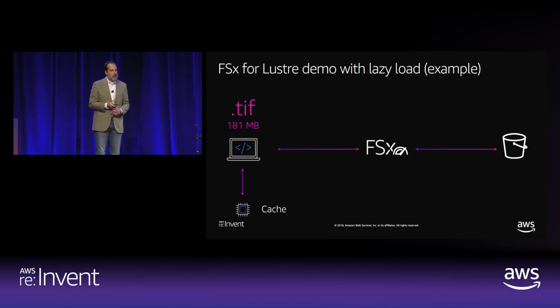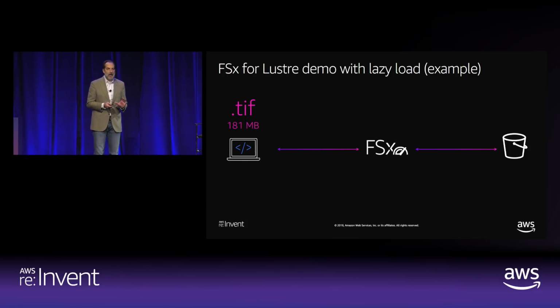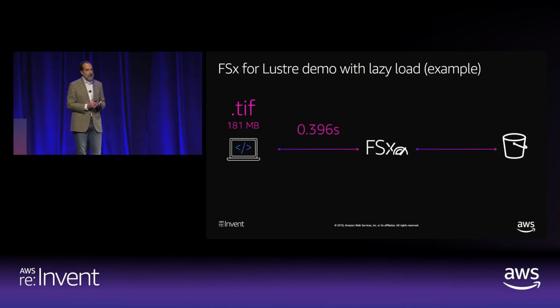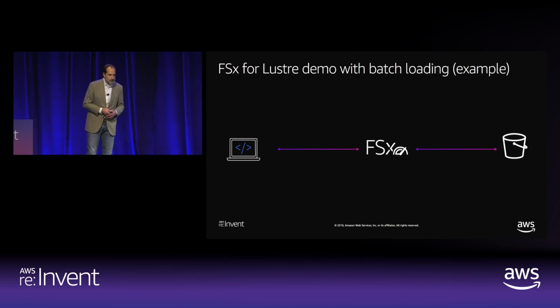My next read came from cache, very fast, 0.109 seconds. I dropped my cache, then read it again. Still fast, but this time it came from FSx, and it was 0.396 seconds. So again, very fast access to your file system, which allows you to get high levels of operations per second and high levels of throughput.